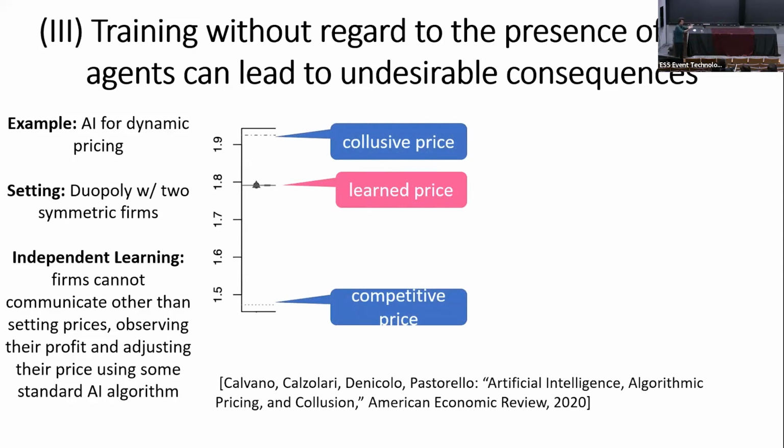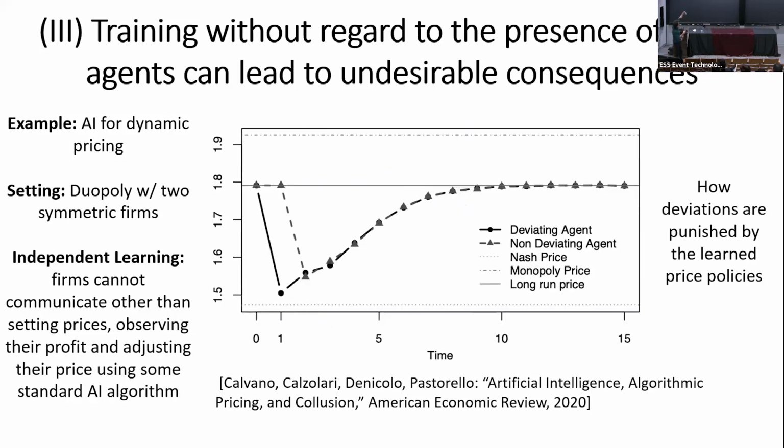But as it happens, the emergent property here is that they learn a collusive price, and you can even inspect the dynamics and see how, if you were to push, for example, one of the two agents from the collusive price down closer to the Nash price, the competitive price, how the policies would react to that push so that they converge back to the collusive price. That's caveat number 3. So our assumptions about human agents fail when you have AI agents interacting.